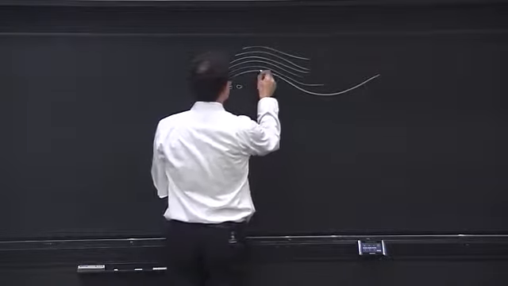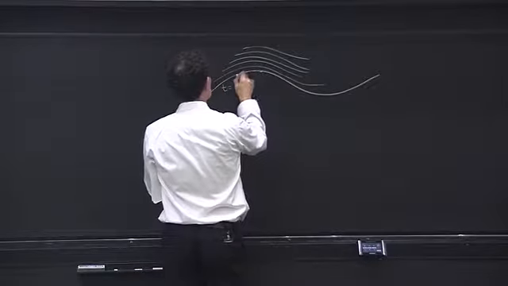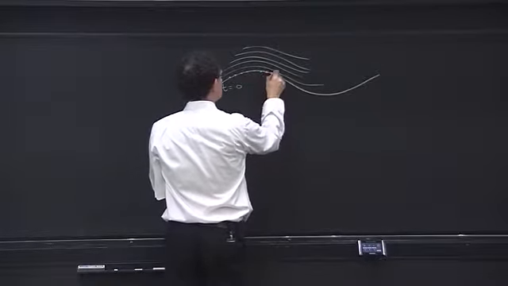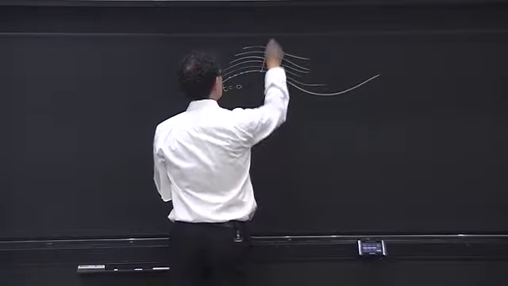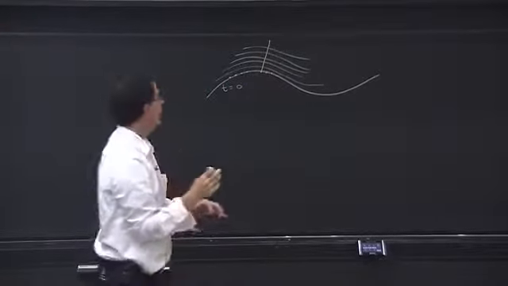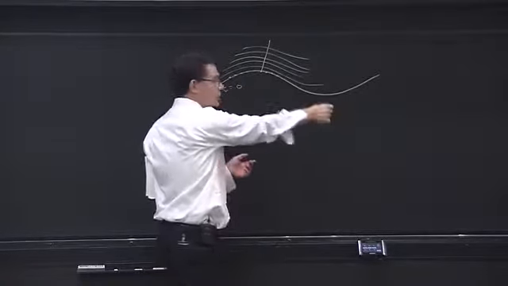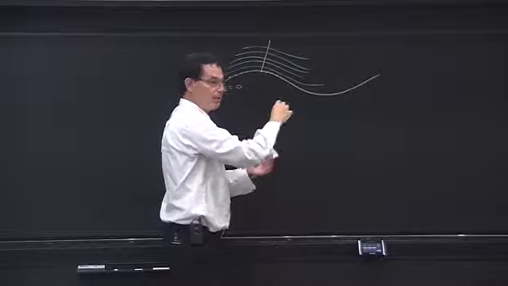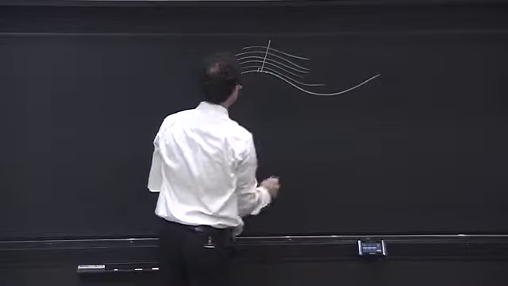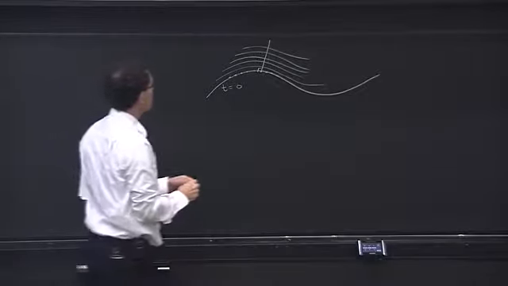And the choice of synchronous means that I think of a bunch of particles on this time slice, and I let them go, free-falling in the space-time, and I choose them to have zero velocity with respect to the initial slice. So they're actually going at right angles with respect to the initial slice through space-time.